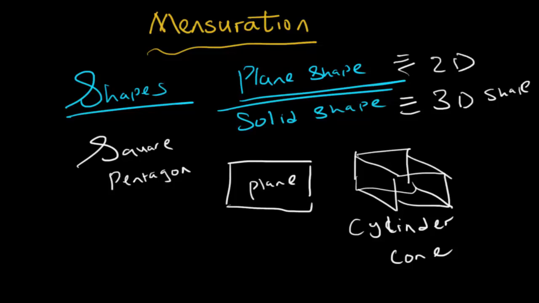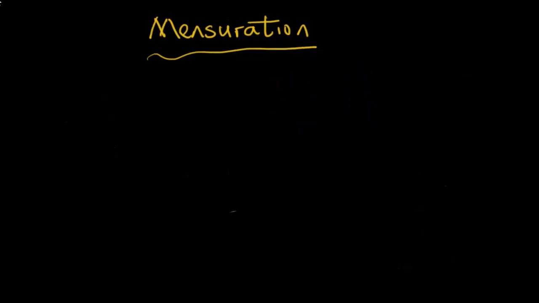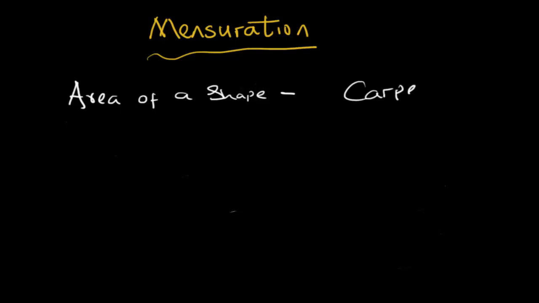Now, having said that, let's go to area and volume of shape. So what do we mean by the area of a shape? The area of a shape is basically the space that a flat shape occupies. The way to explain this is that, for example, if my dad buys a carpet, you know a carpet.